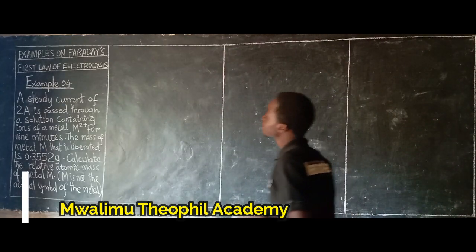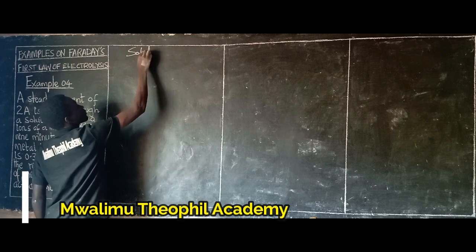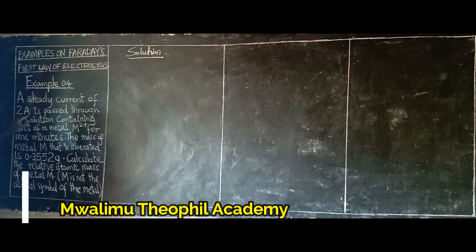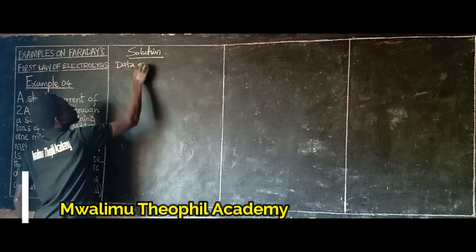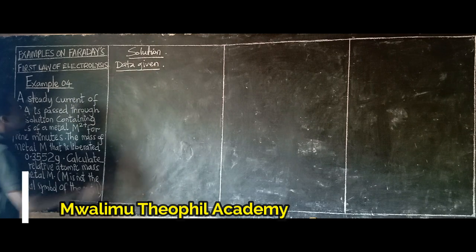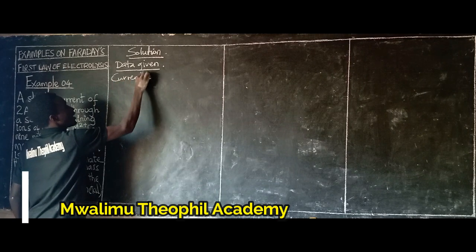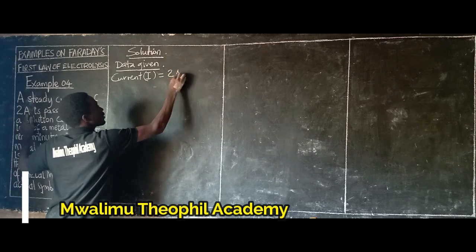Okay, let us start. Let us write the solution here. Let us analyze the data given. We're given the electric current I, which is equal to 2 ampere.